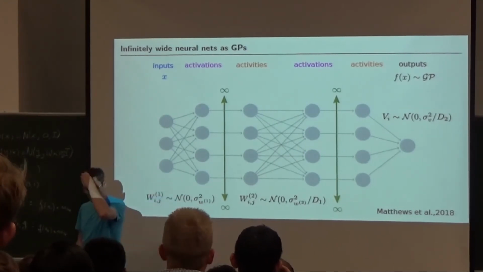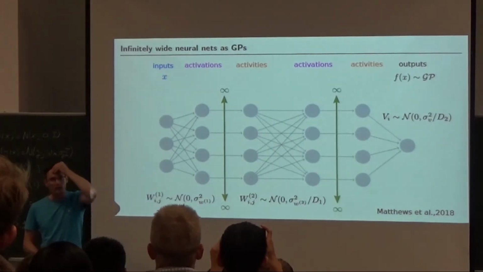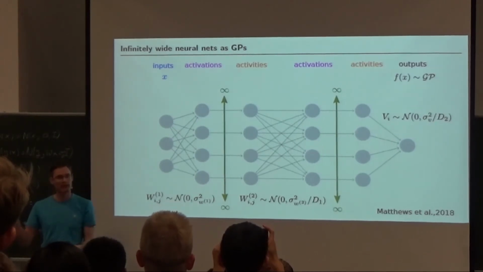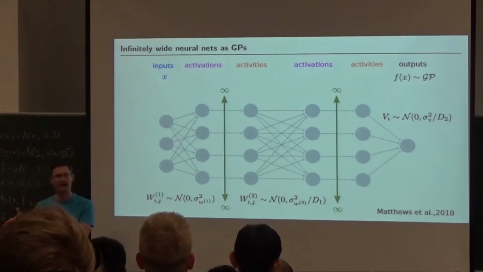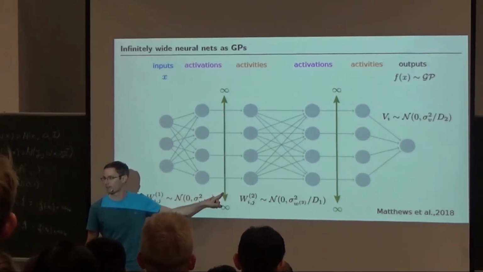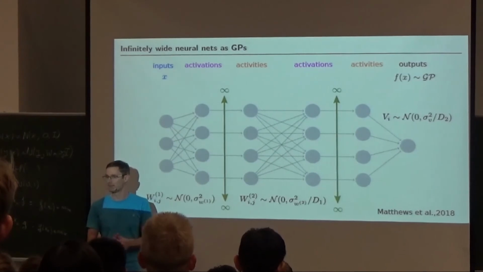The second interesting thing is people then said, well, let's take the neural networks that we apply to things like MNIST, figure out what the appropriate infinite limit Gaussian process is, and then fit that to MNIST and see how well it does. And the answer is that the GP does better than the MLP.